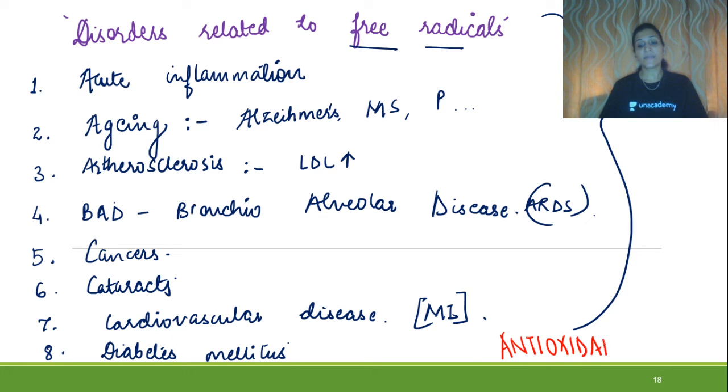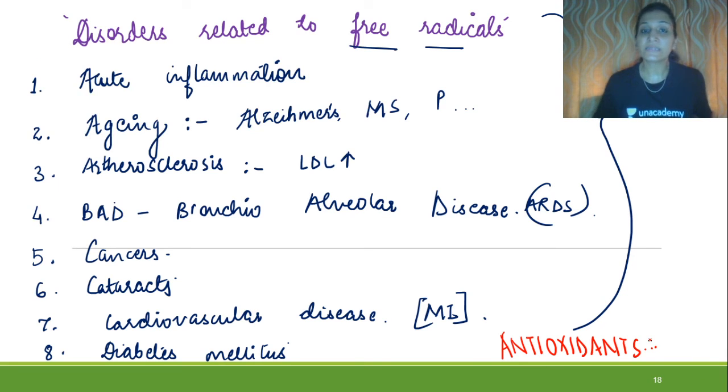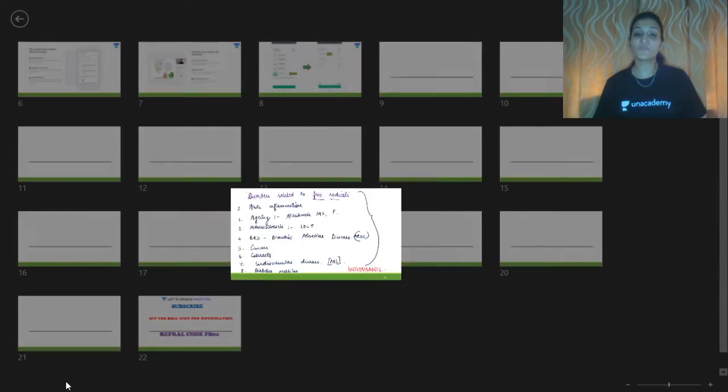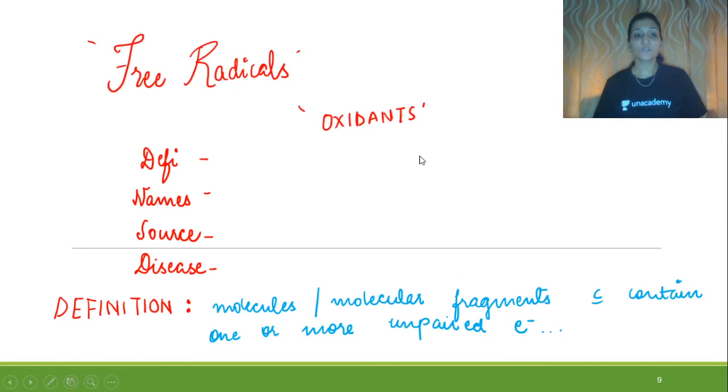Before completing, let us have a quick revision of all the topics we have seen till now. The free radicals are also called oxidants. So how will we define it?